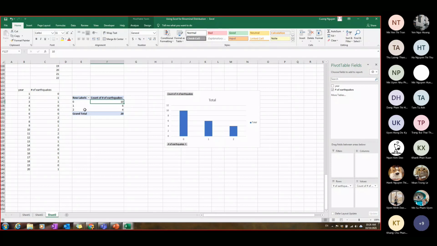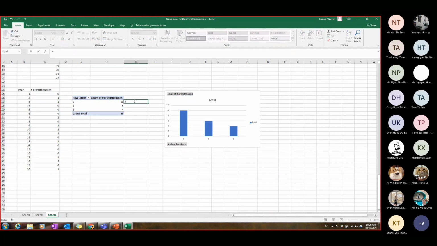10 years have 0 earthquakes, 6 years have 1 earthquake, and 4 years have 2 earthquakes. If you want to see the probability, you can take 10 divided by 20, so that's 50%.